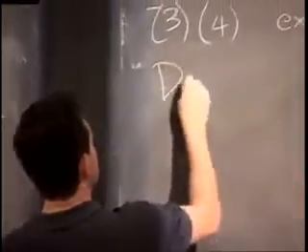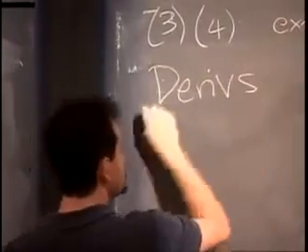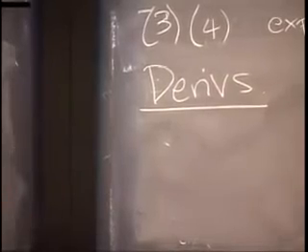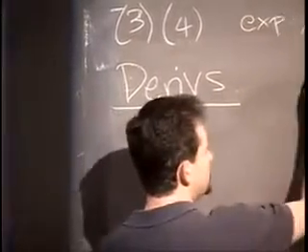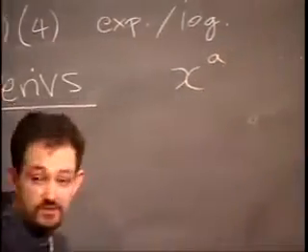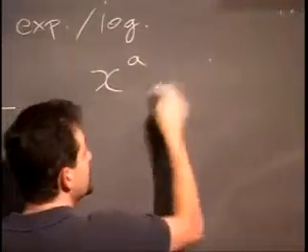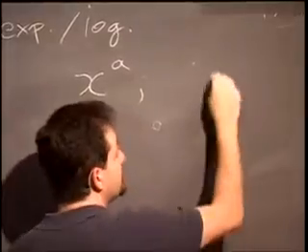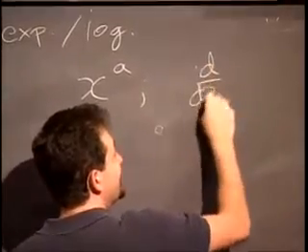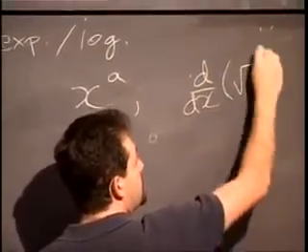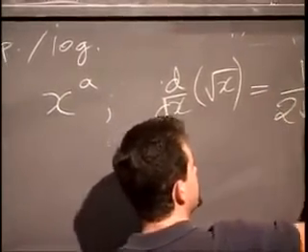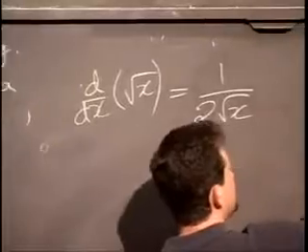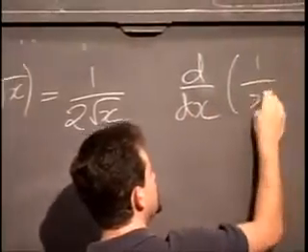Now, another huge topic is derivatives. You've got to make sure that you know the derivatives of powers of x, and don't forget the two most common ones that you should learn. I recommend that you learn root x directly, and 1 over x comes up so often.